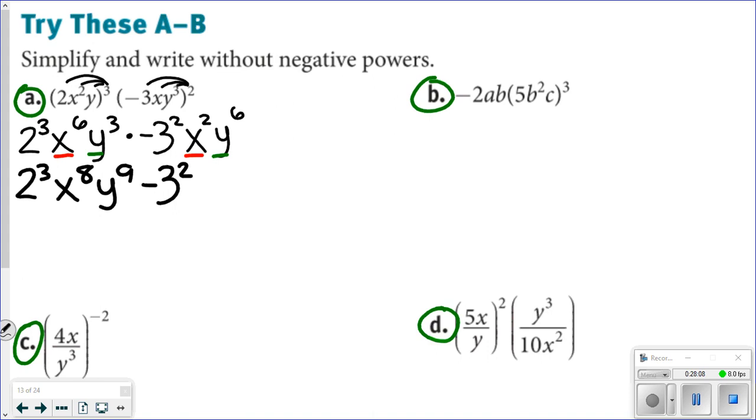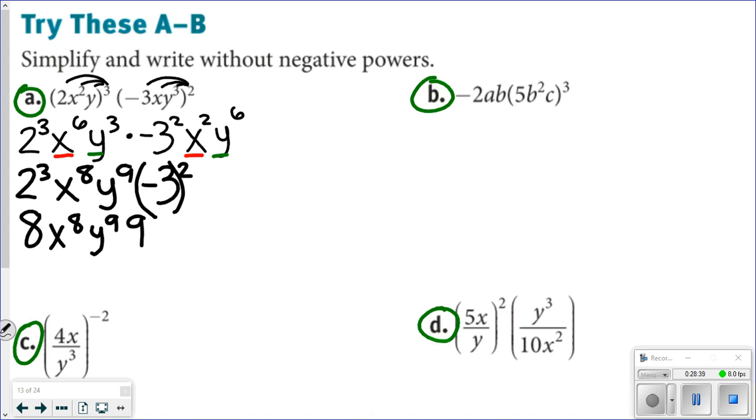Now, you can leave your answer like that, and it looks a little silly, but I'm nice, so I will take this answer. But you can take this a step further. 2 cubed is 8. And if you type this into your calculator with parentheses, because your calculator isn't as smart as you think it is, put parentheses around it, and negative 3 squared is 9.